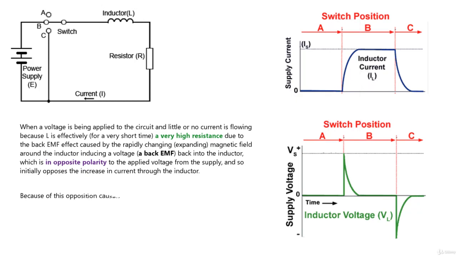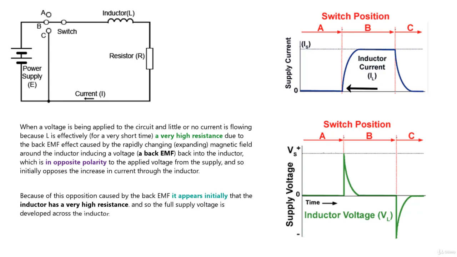Because of this opposition caused by the back EMF, it appears initially that the inductor has a very high resistance, and so the full supply voltage is developed across the inductor.